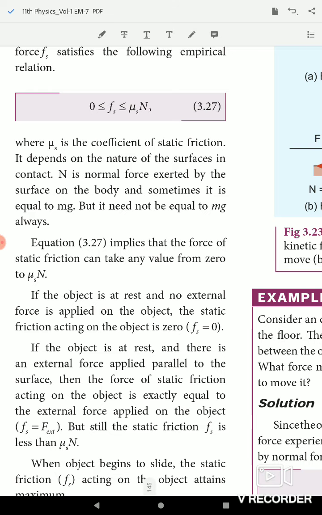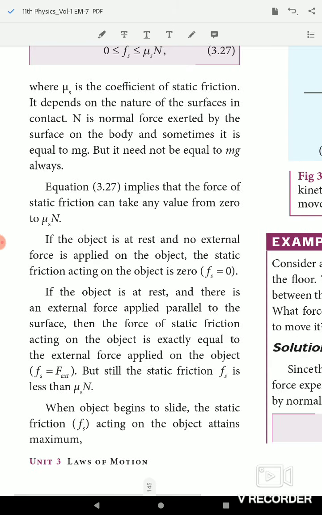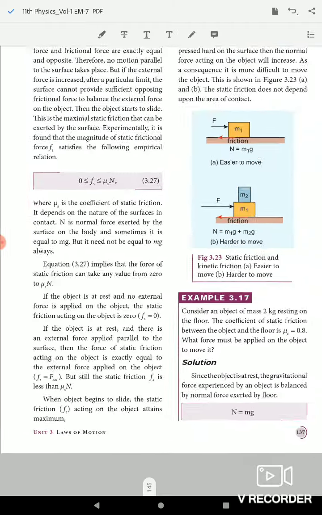If the object is at rest and no external force is applied on the object, the static friction acting on the object is 0. That means Fs is also 0. If the object is at rest and an external force is applied parallel to the surface, the force of static friction acting on the object is exactly equal to the external force, that is Fs equals F external, but still Fs is less than μs N. When the object begins to slide, the static friction acting on the object attains its maximum.